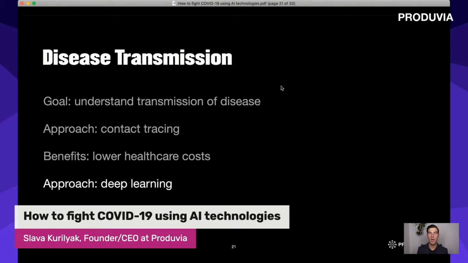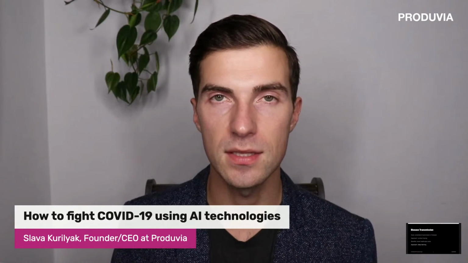So I encourage everyone to think about what data they have, what data they can get their hands on in order to participate in this fight. COVID-19 is something that has impacted everyone around the world, and everyone is in a position that they need to respond.